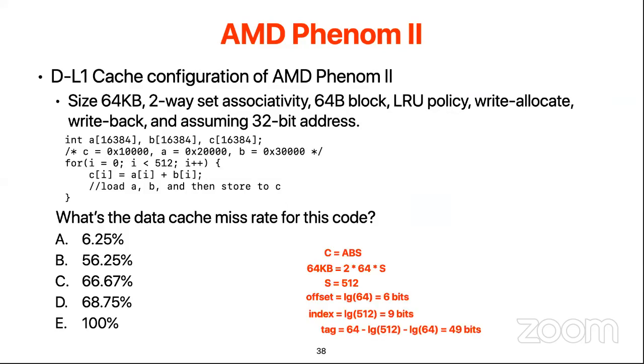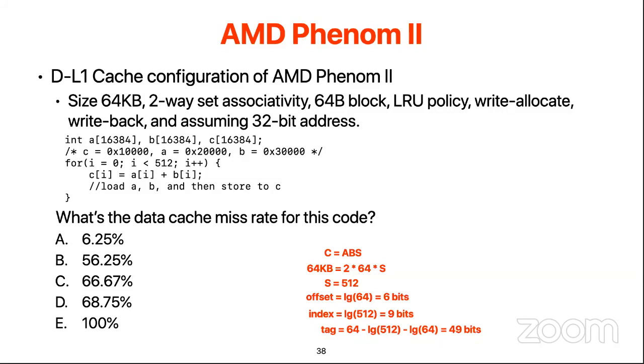First of all, if you want to solve this kind of question, again, C equal to ABS. You will figure out in your address, there are 6 bits belonging to the offset, 9 bits belonging to the index, 49 bits belonging to the tag, which you already know previously.